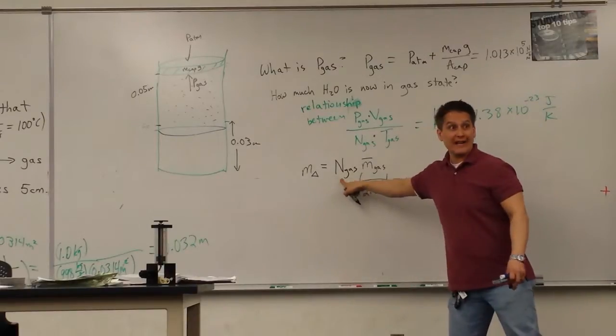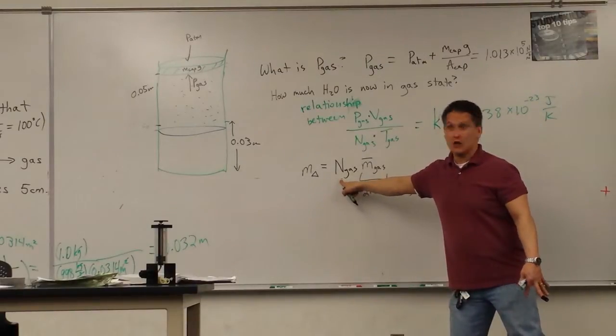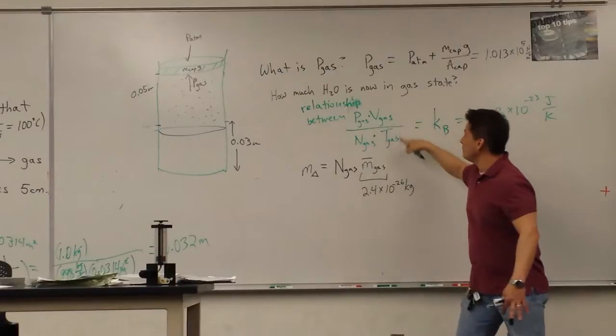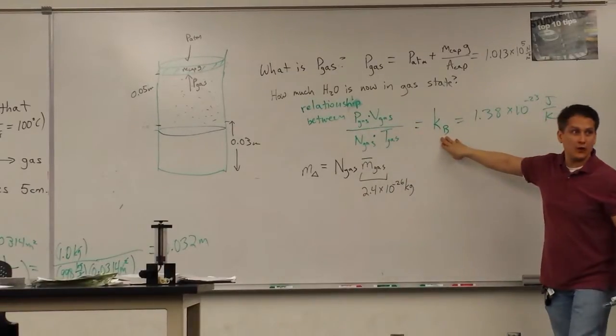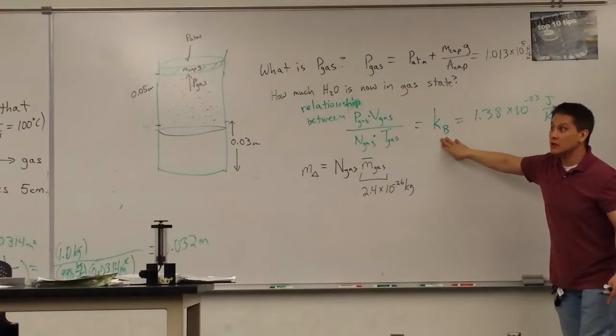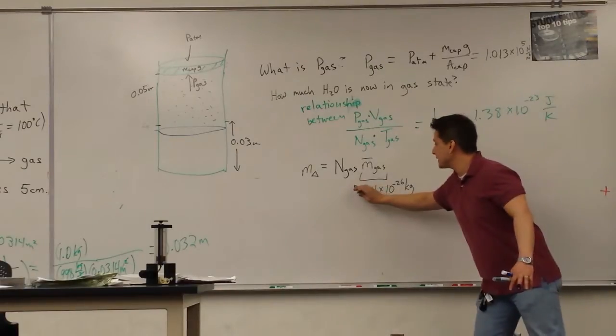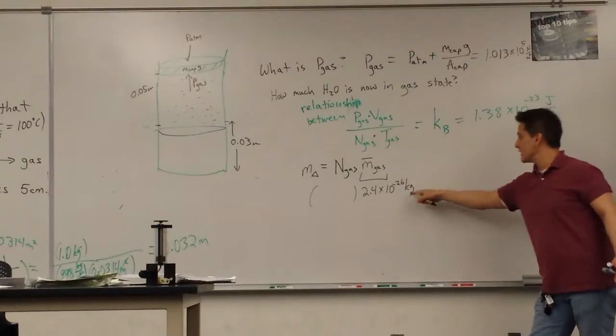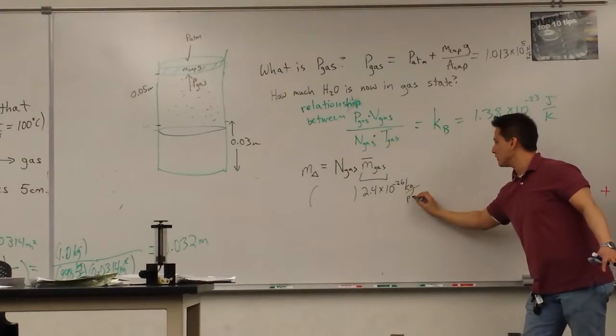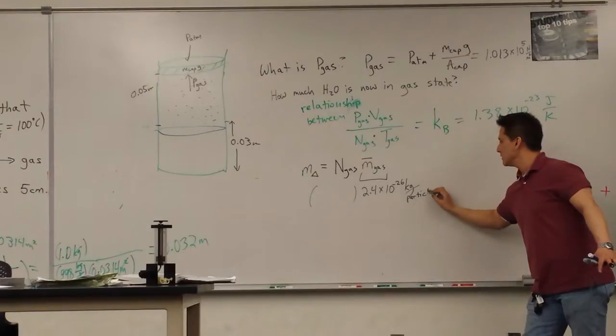I got to figure out what N is. To figure out what N is, since I know the volume, I know the temperature, I know the pressure of the gas, and I know our good friend KB, let's solve for N, and we'll put that number in here, because that'll give us the mass. And this is kilograms per particle. Yes?